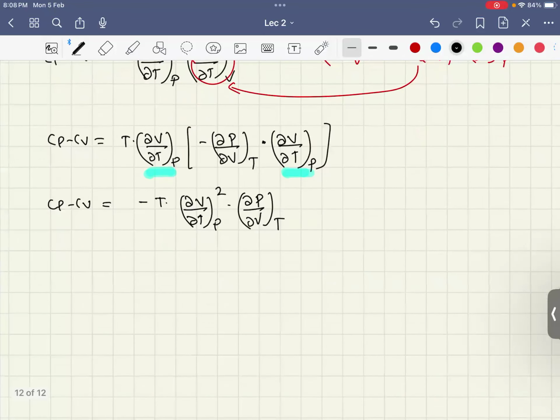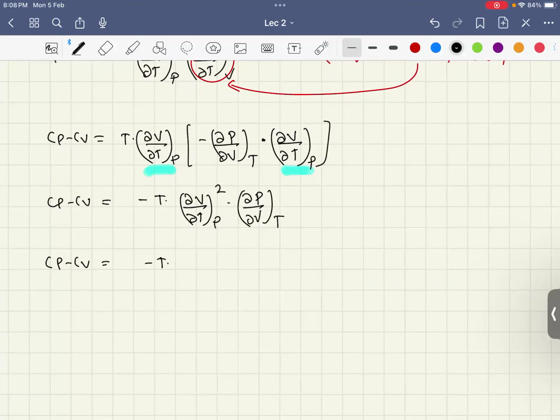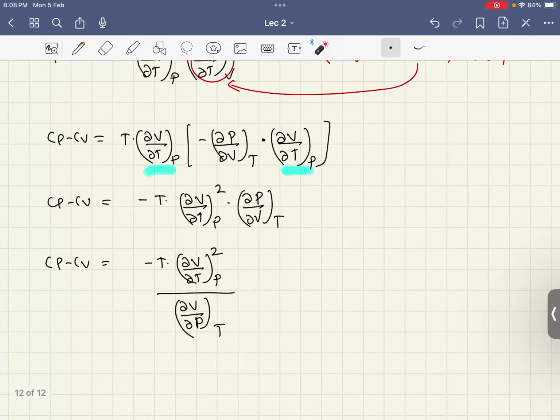Again we can rearrange: minus T into (∂V/∂T at constant P) squared divided by (∂V/∂P at constant T). So now we have the partial derivative of volume with respect to temperature, and the partial derivative of volume with respect to pressure. There is no need for ∂P/∂V or something like that.